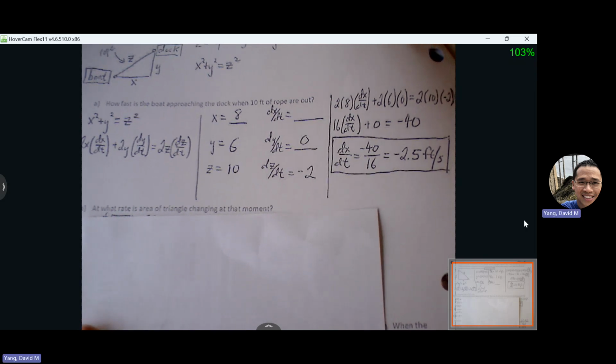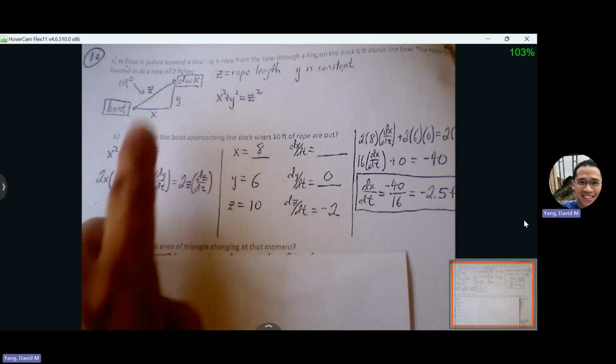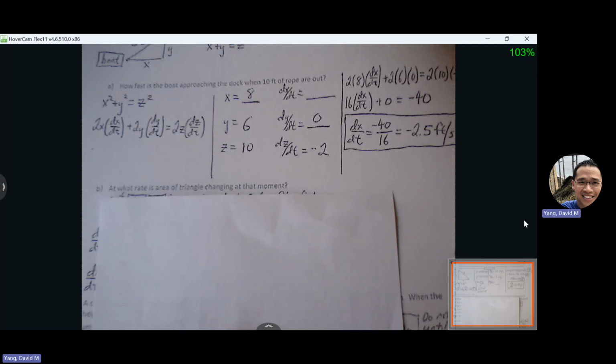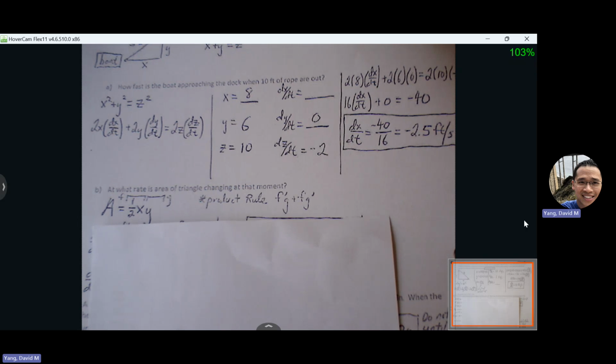All right, part B, at what rate is the area of the triangle changing? So what's the area of a triangle formula? Yeah, base times height, and for the base and height, we want to use what? X and Y. We can go through how to find the derivative. Product rule, okay? So build out your derivative using product rule.